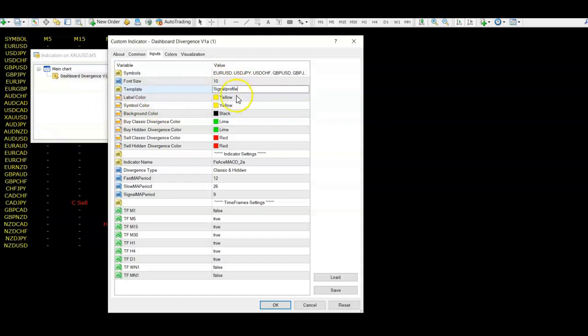Whatever type of trading template you have, you'll just stick in the name of your template there, and when you click on the asset, it will load that template up onto the chart. You can also select which type of divergence you want to see. If you just want to see classic, just select that. If you just want to see hidden, just select hidden. Down here you can select the time frames you want to see. You can select them all, or if you only want to see divergence signals on certain time frames, just select those.